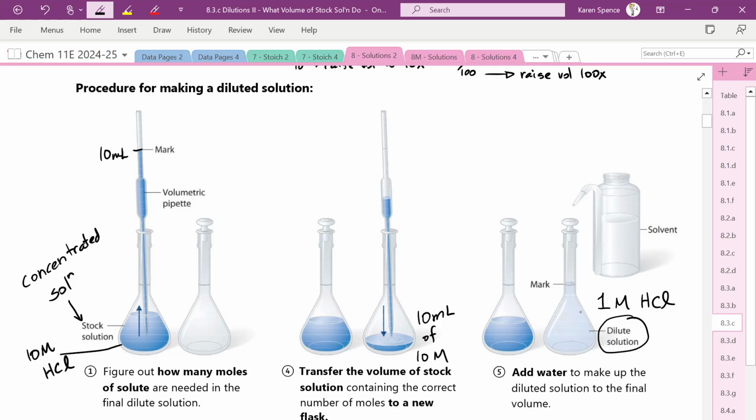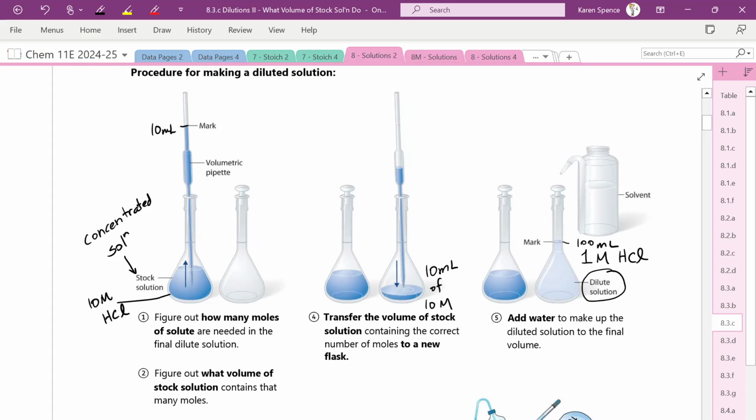What volume would I have to use here? What volume would I want this volumetric flask to be in order to get a 1 molar HCl concentration? Yes, I would want this to be a 100 milliliter flask, because I'm doing a 1 in 10 dilution. So 1 part HCl, 9 parts whatever, but I basically just go 10 in 100, okay?